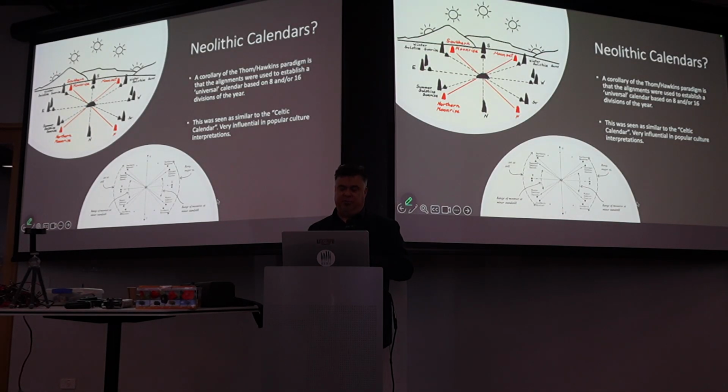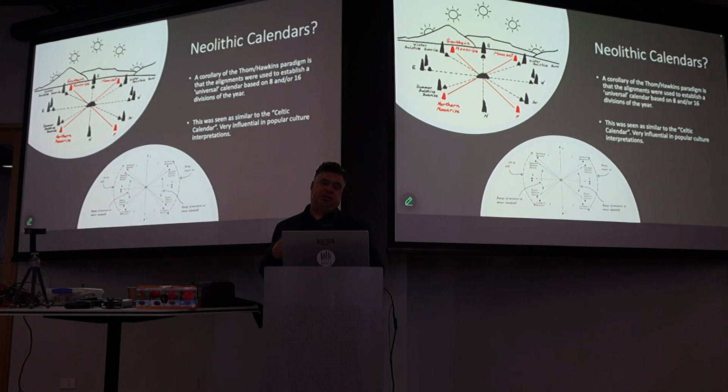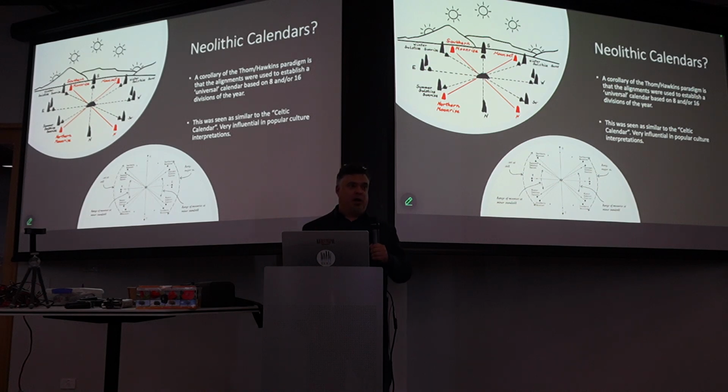So again, another part of the Tom Hawkins paradigm is this idea of Neolithic calendars, and this is extremely pervasive in popular culture and popular interpretations of Neolithic astronomy. This idea that Neolithic people basically had a Celtic calendar and were practicing things like cross-quarter days and Samhain and Beltane and all this kind of stuff.